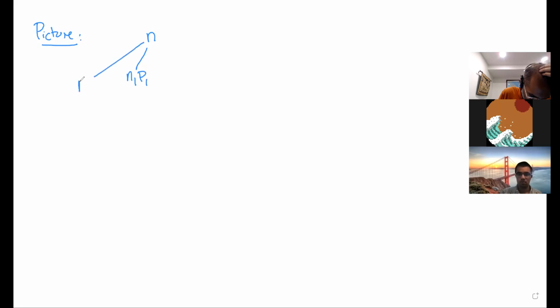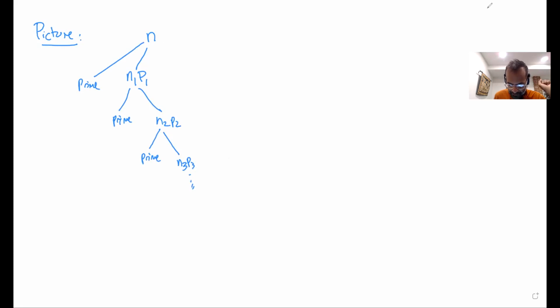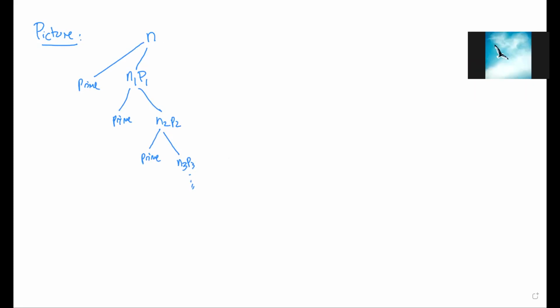Either this number is prime, in which case you're done, or you factor it, then either this is prime, or you factor it as n2 p2, then either this is prime, or you factor it as n3 p3, etc. We never said this process is unique, because the first factorization may not have been unique. So we did not prove uniqueness, we just proved existence. Does that answer the question? Yeah, it does. Thank you.